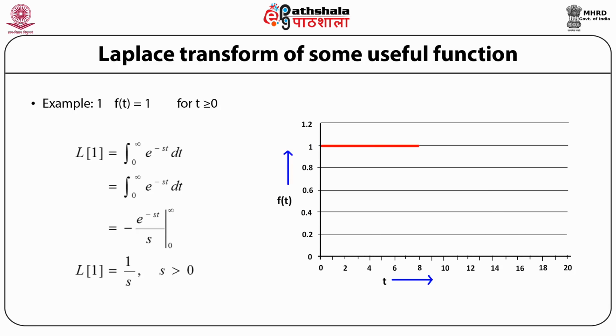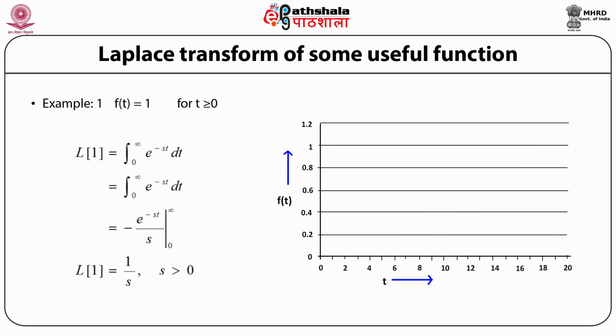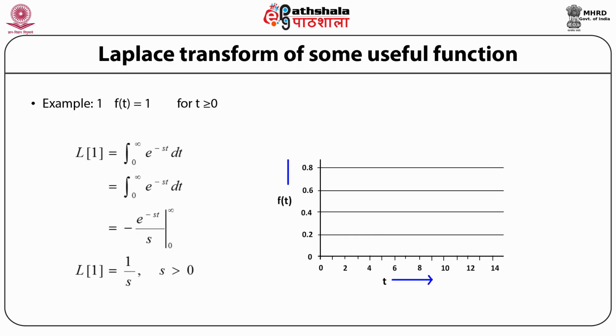So infinity is the first term, then we subtract the value when 0 is applied. You can see the Laplace of 1 is equal to 1 over s, s being greater than 0. Please remember the time is always greater than 0.